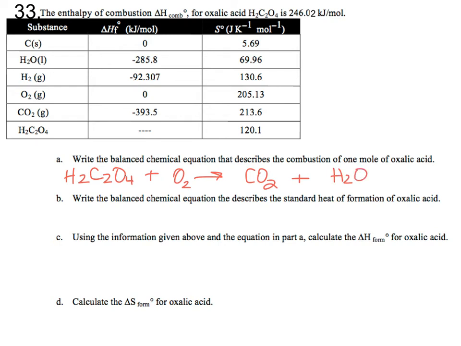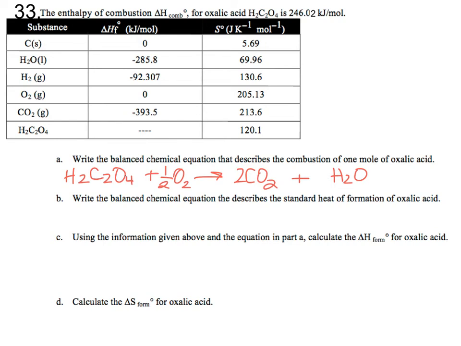Now we need to balance this. So we have 2 C's, 2 C's, 2 H's. I'm going to leave that alone. That gives me 5 oxygens, right? Is that correct? Yes. Here I have 4 oxygens, and I only need 1 of these 2, so I'm going to put a half there. That is a balanced reaction.